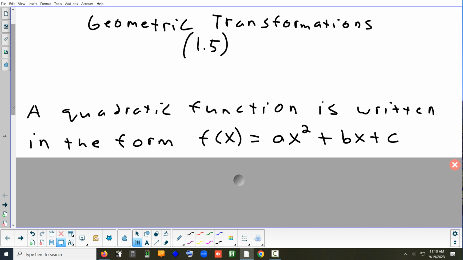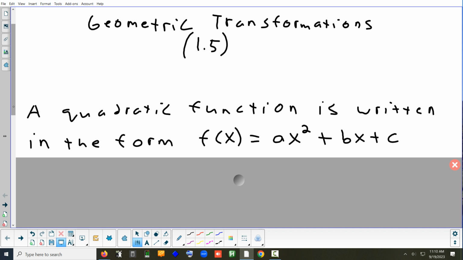No, the slope wouldn't be 0 necessarily. Well, what does a affect? Wouldn't it affect x? No, b affects x.